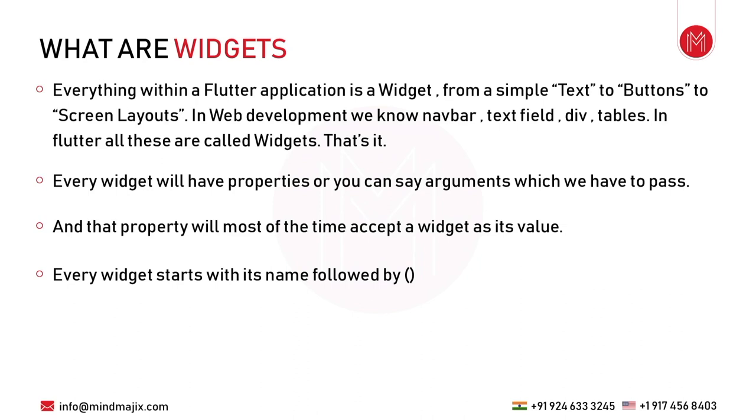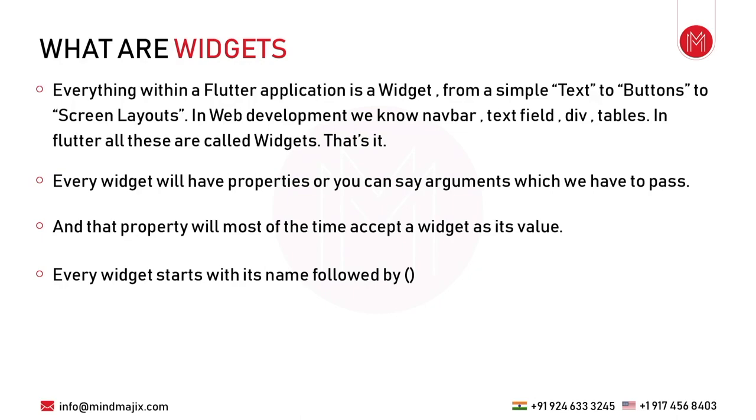So if you remember the named arguments concept from the earlier Dart tutorials we have already done, in the same way, every widget is also like a function, because in the Flutter core code, it's written like a named argument.